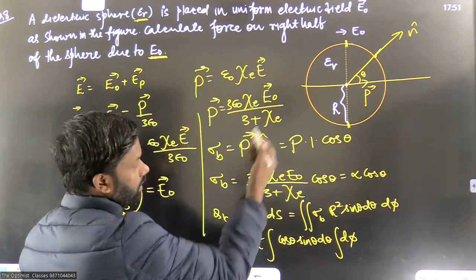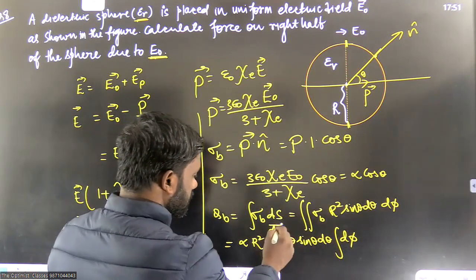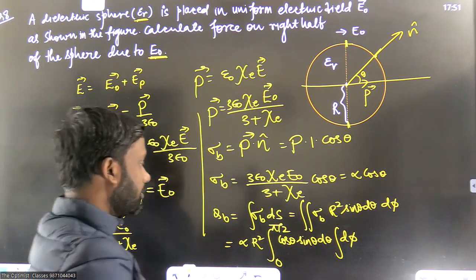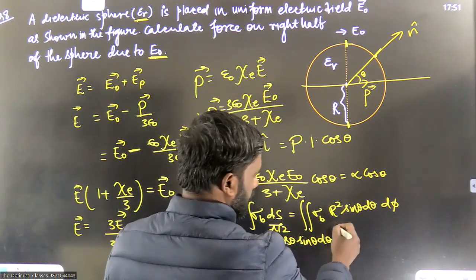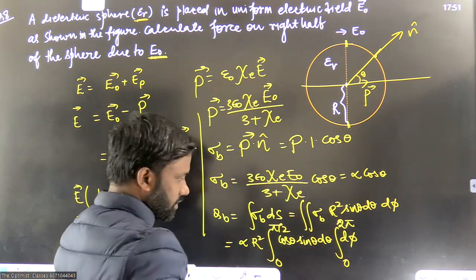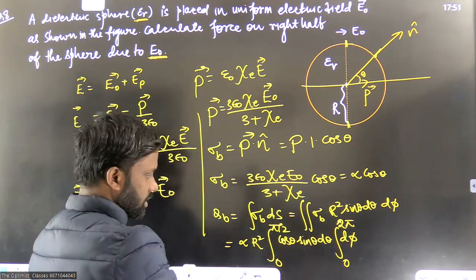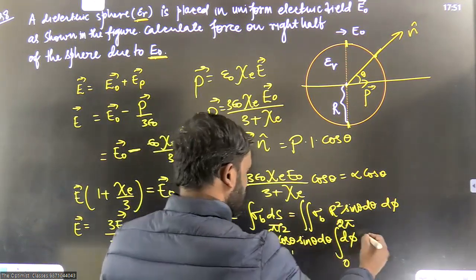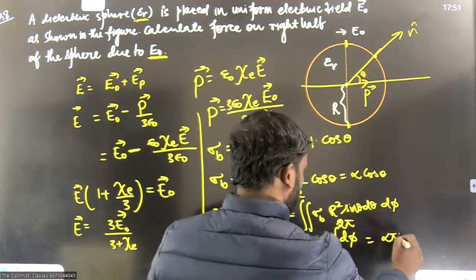So when you do integration on the hemisphere, theta limit is from 0 to pi by 2, and phi limit is 0 to 2 pi. So this gives 2 pi, and this integration will give you 1 by 2. You can check it. So 1 by 2 and 2 pi, so basically you get pi from here. So answer is alpha into pi r square.